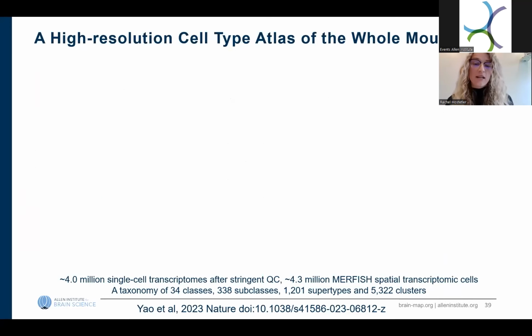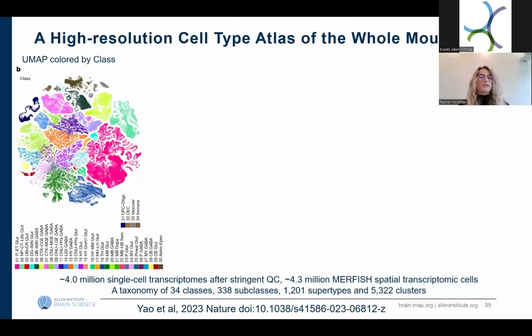And this is a lot of data to sort through when you're looking at over 4 million cells. So a way, again, to analyze and visualize this data is by using UMAPs. And as I mentioned in the previous slides, in a UMAP, the dot represents individual cells, and dots that are closer together are more genetically related, whereas dots that are further away from each other are less genetically related.